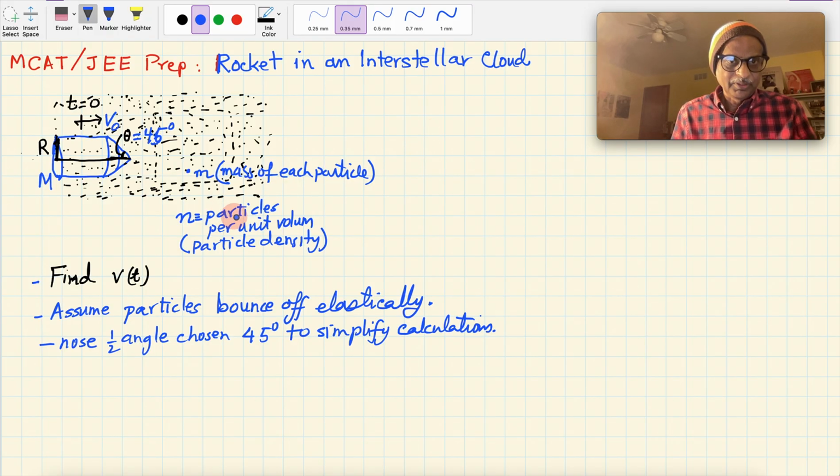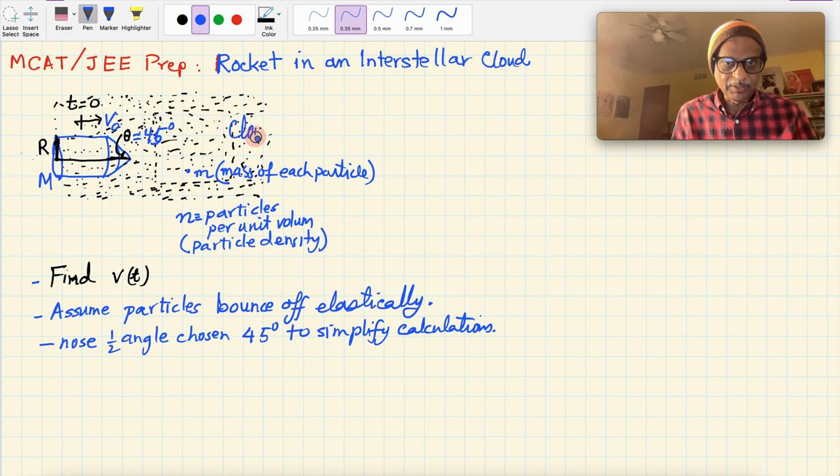Okay, so what do we have here? We have a rocket which has a cylindrical body and a conical nose, and it's traveling through this cloud.